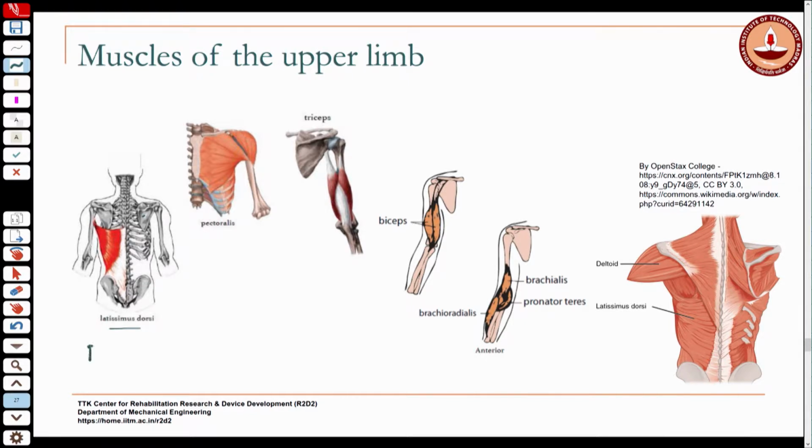This is the posterior view. So, the latissimus dorsi is one of the muscles that inserts into the humerus. The humerus is the upper arm, and in the lower arm you have the radius and the ulna.